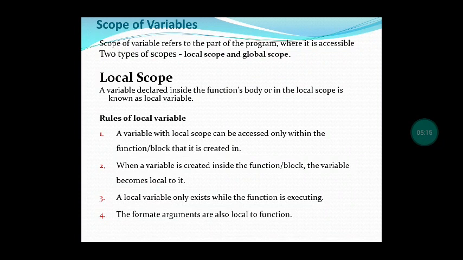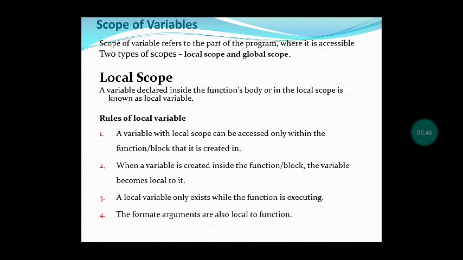We are having some rules for using the local variable. That local variable should be accessed only within the block, and it can be declared inside the block, and it can exist only when the function is executing. If the function is not executing, it will not be used, and that local variable will be an argument to that particular function.